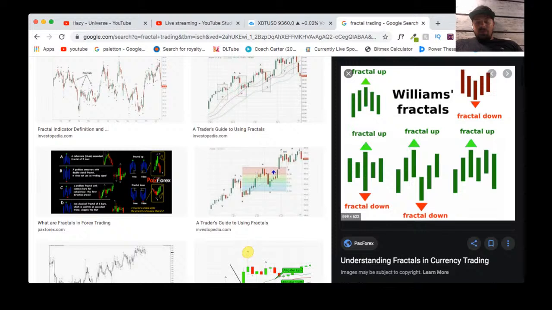It depends on what period you want to trade, but I stick to the 1-minute charts, and so I trade fractals from the 15-minute down to the 1-minute. And that's how I trade, and I will show you guys how to trade Williams fractals from the 15-minute down to the 1-minute, and we will do some live trading and show you what's going on here.